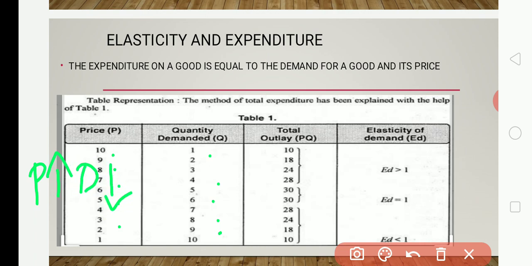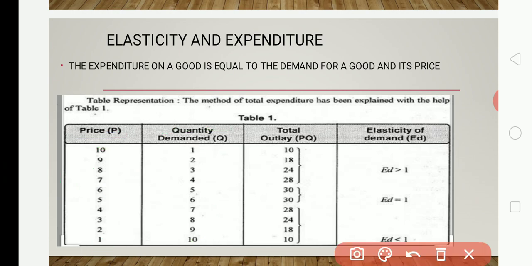Look here, in the price column the highest price is 10, and in the quantity demanded column the lowest quantity is 1. And in the price column the last number is 1, and in the quantity demanded the greatest number is 10. So when the price is less, demand is more. Have you observed the values here?